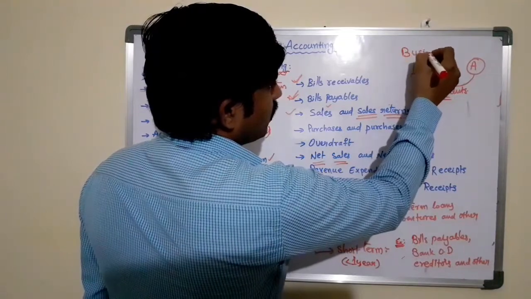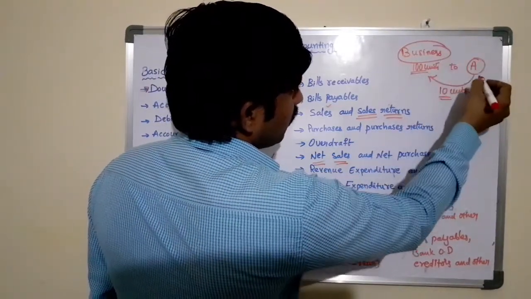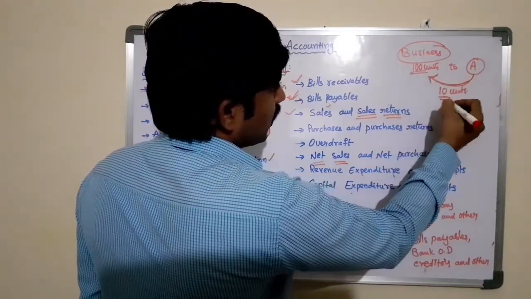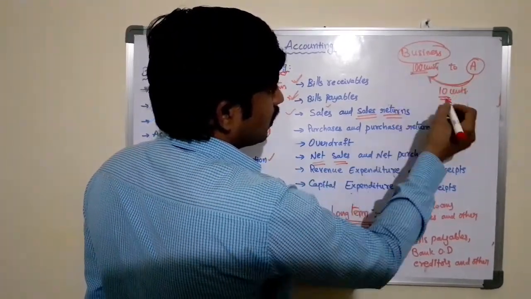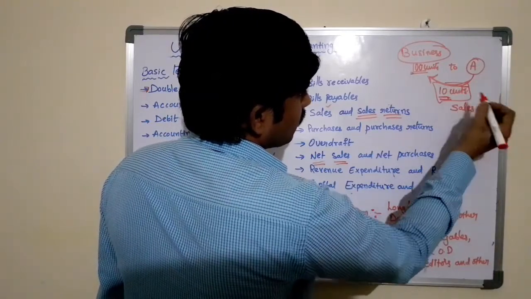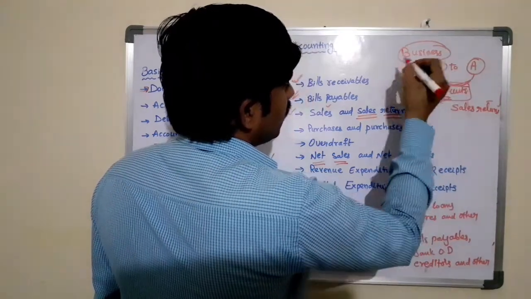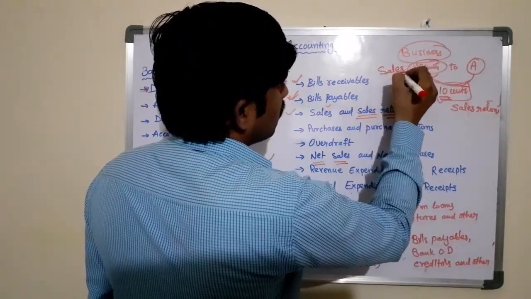These 10 units are known as sales returns, and the 100 units are called sales.